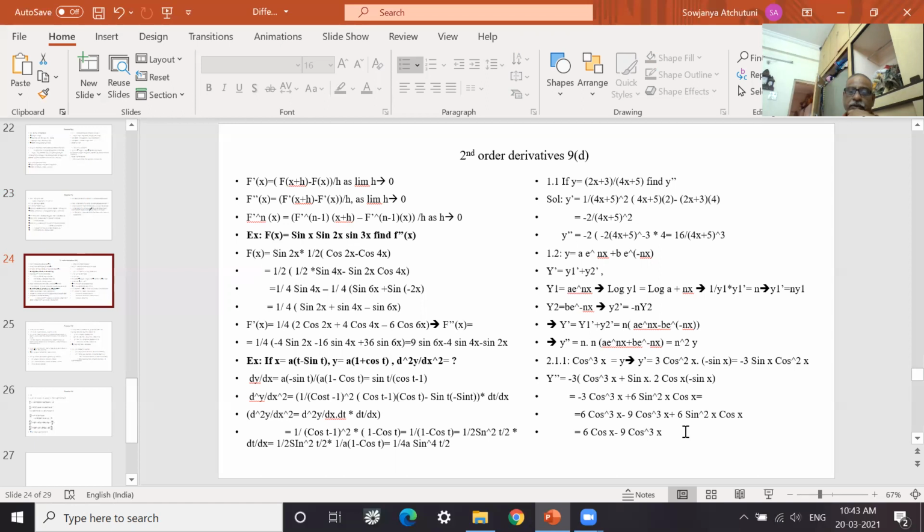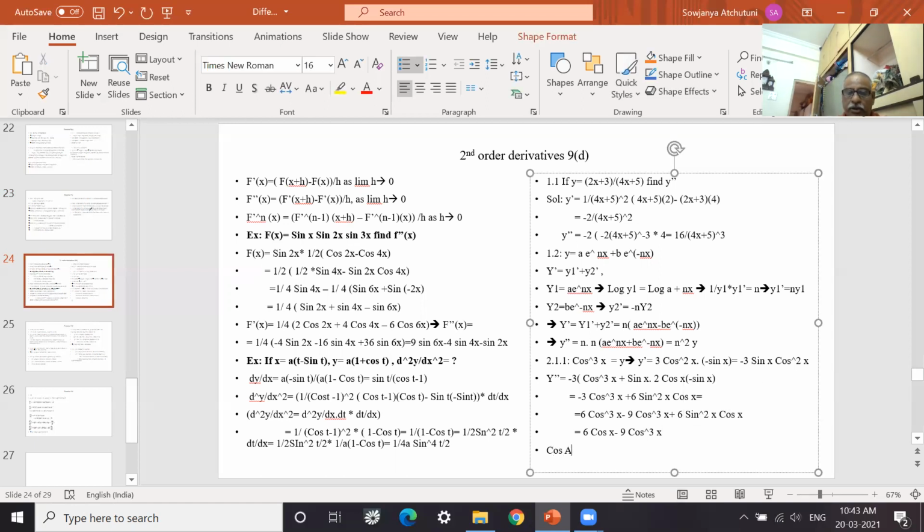Let us see here, I am writing here: cos A minus cos B is equal to minus 2 sin((A plus B) by 2) into sin((A minus B) by 2). So this is the thing.